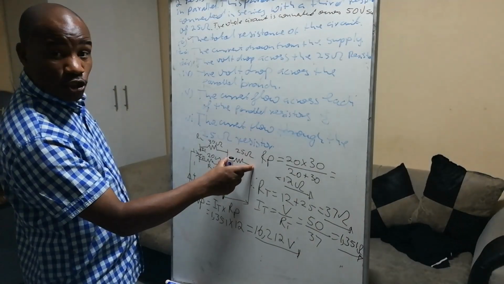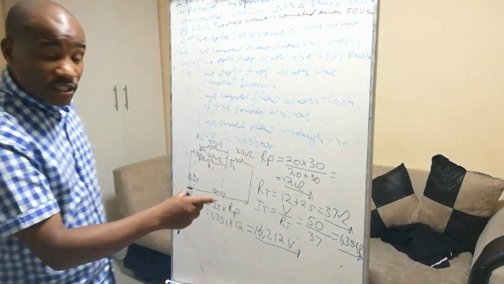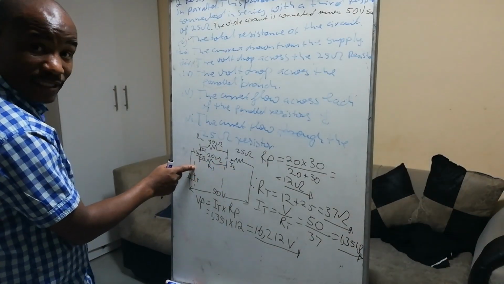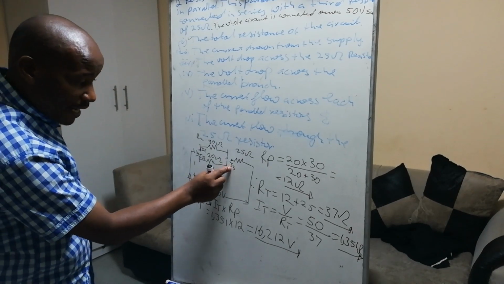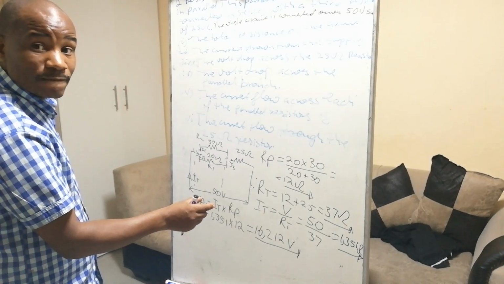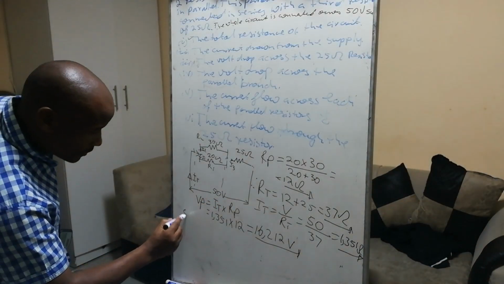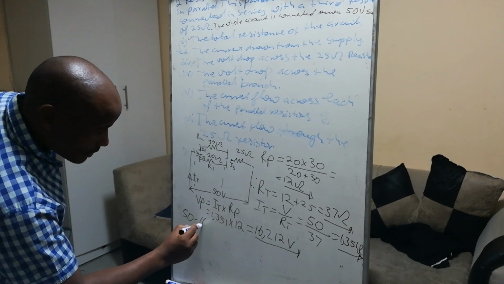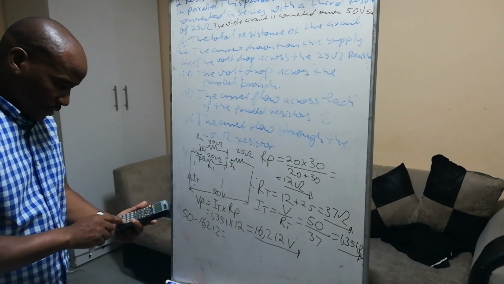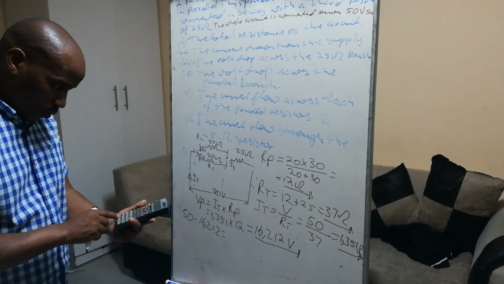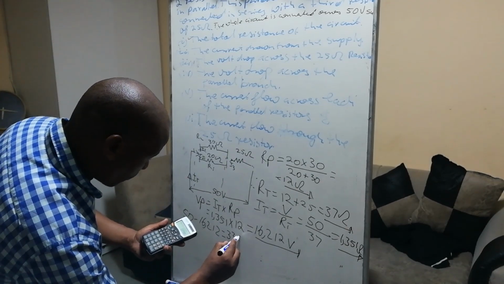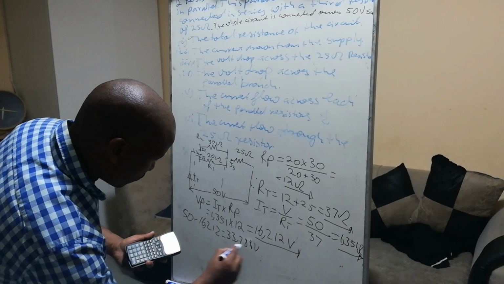But now, what is the voltage drop there? The voltage drop there is 50 minus this, or it is the total current multiplied by that resistance. It's 50 minus 16,212 volts, which is equal to 33,788 volts.